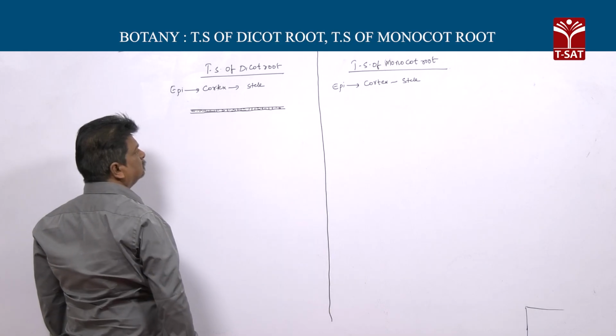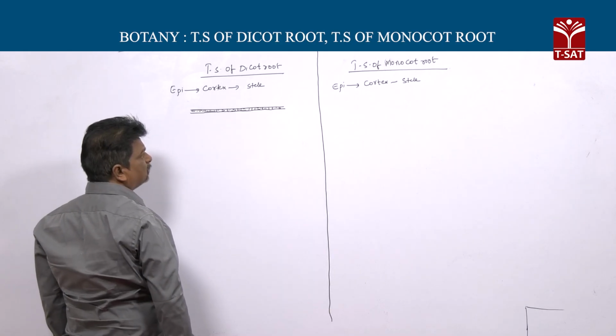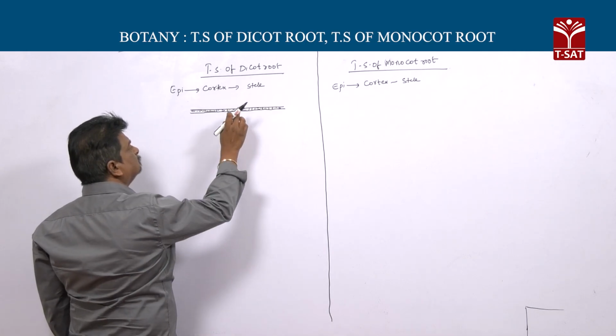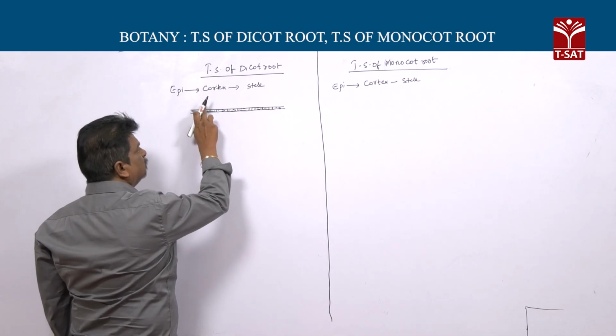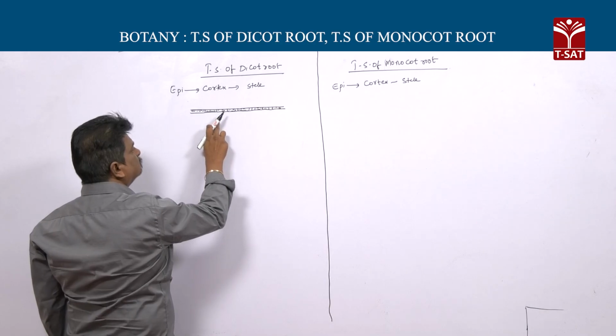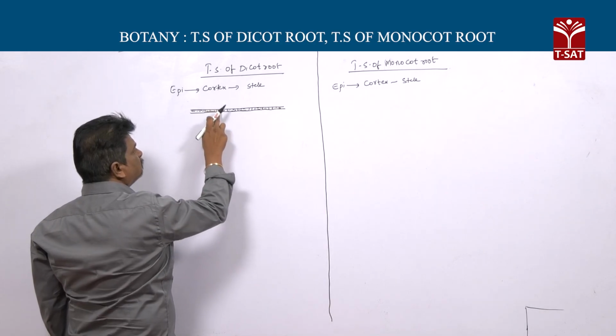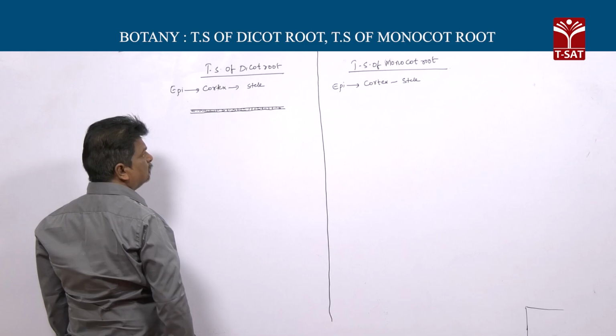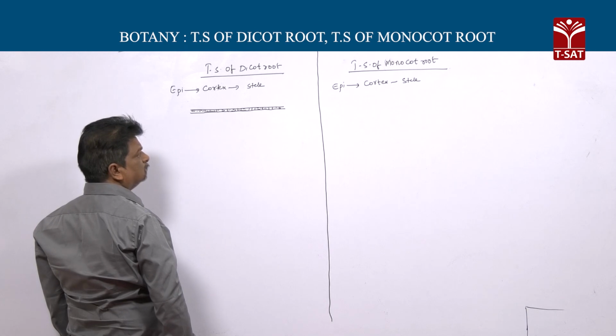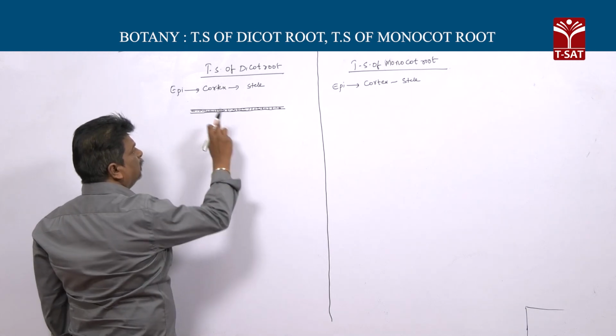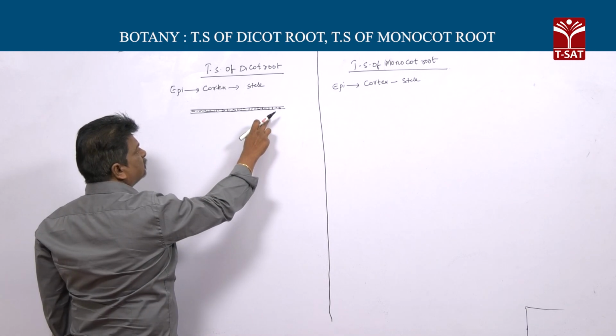Then the cells contain leucoplast, colorless. Then in a root, that epidermis is without stomata and cuticle, both are absent. Even intercellular space is absent.